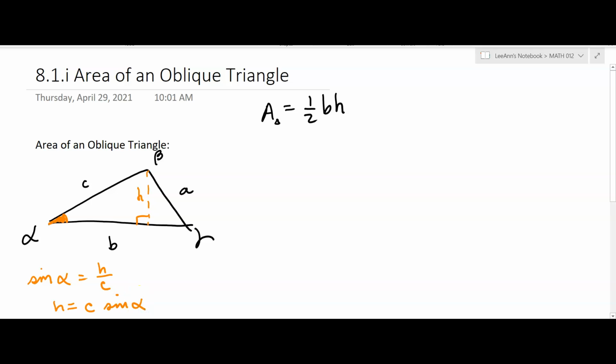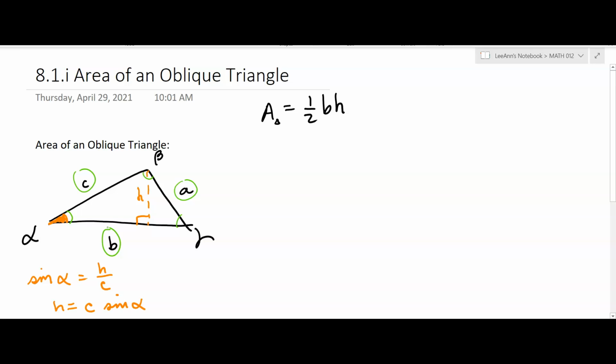Okay, now we're assuming that we know things like the sides of the triangle or the angles. So we're assuming they give us either this or this or this, and they're telling us this or this or this, to find the area, that we don't know the height.